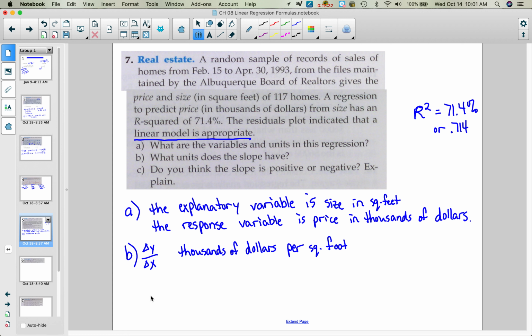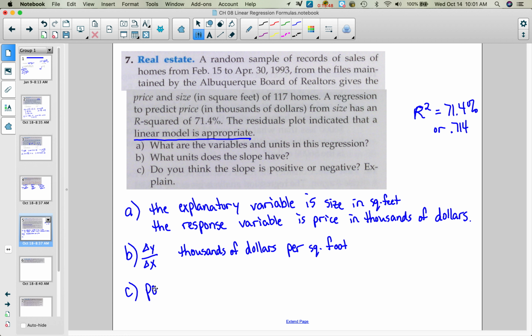All right, so part C says, do you think the slope is positive or negative? Okay, well, let's think about it. Think about as the size of the house increases, what do you expect the price to do? Well, you'd expect it to increase.